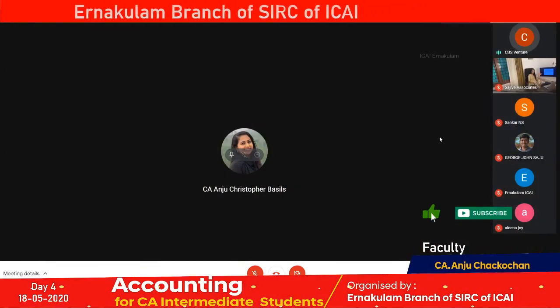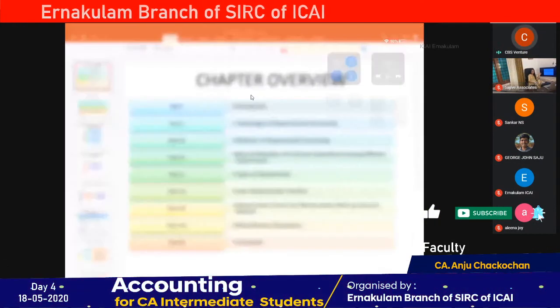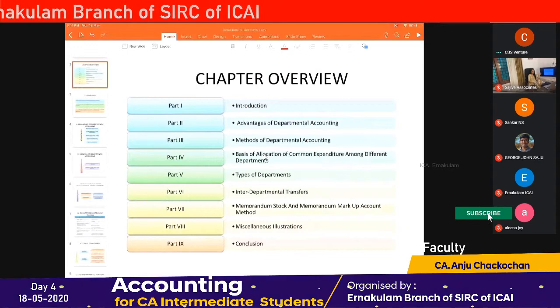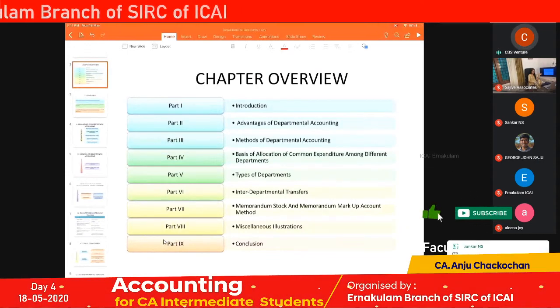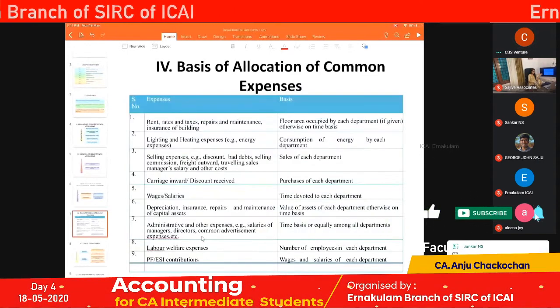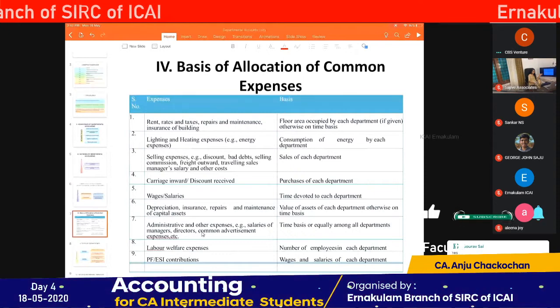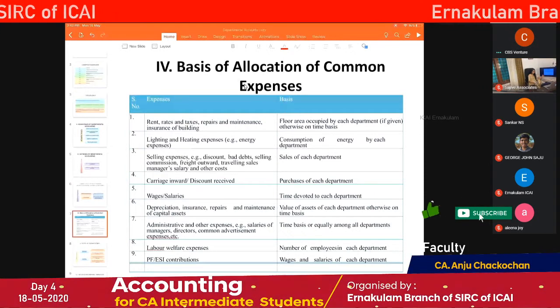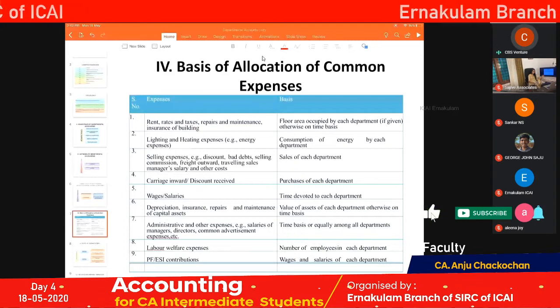Is the screen clear enough? Are you able to see the screen now? I mean, not the TV screen, is the PPT version clear? Are you able to see that?